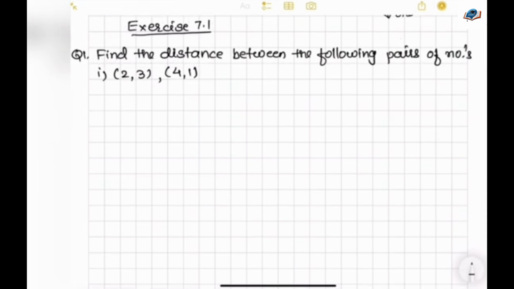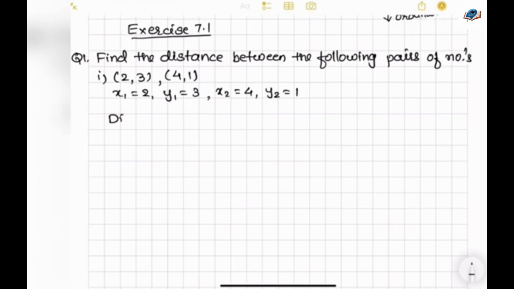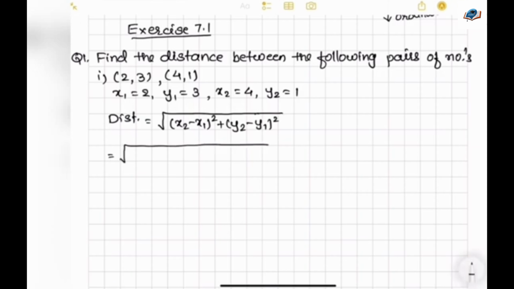Now, exercise 7.1 question 1 says find the distance between the following pairs of points: (2, 3) and (4, 1). So here x1 equal to 2, y1 equal to 3, x2 equal to 4, y2 equal to 1. So distance will be the square root of (x2 minus x1) whole square plus (y2 minus y1) whole square.